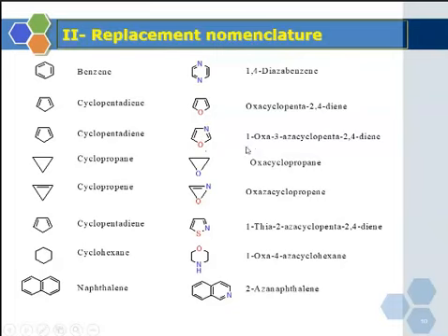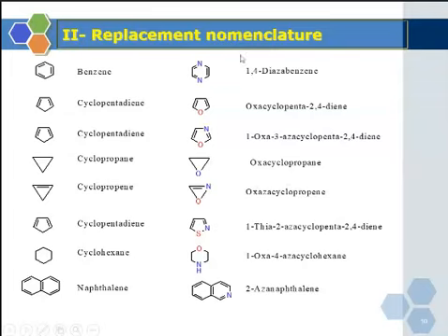Hence we can call it 1-oxa. If we see the priority list, oxygen is given higher priority as compared to nitrogen. Hence the numbering will start from oxygen. Now the numbering should move in this way, 1, 2, 3, because in this way nitrogen gets the next minimum possible number.